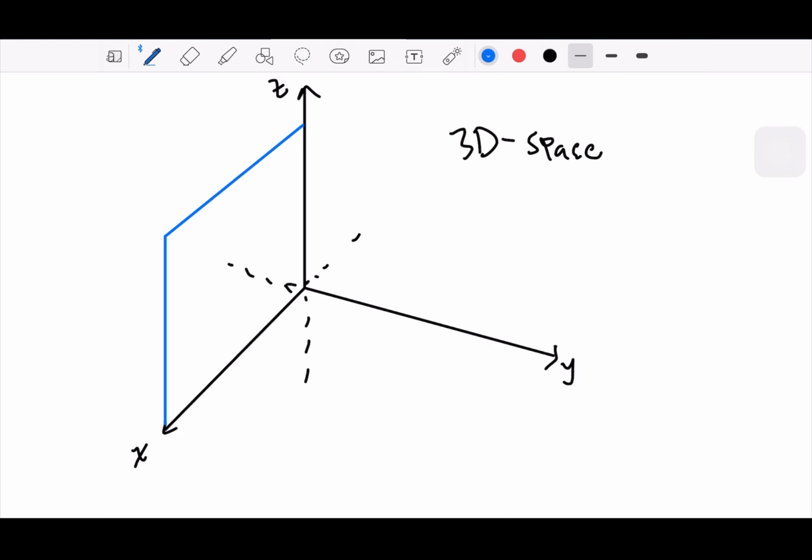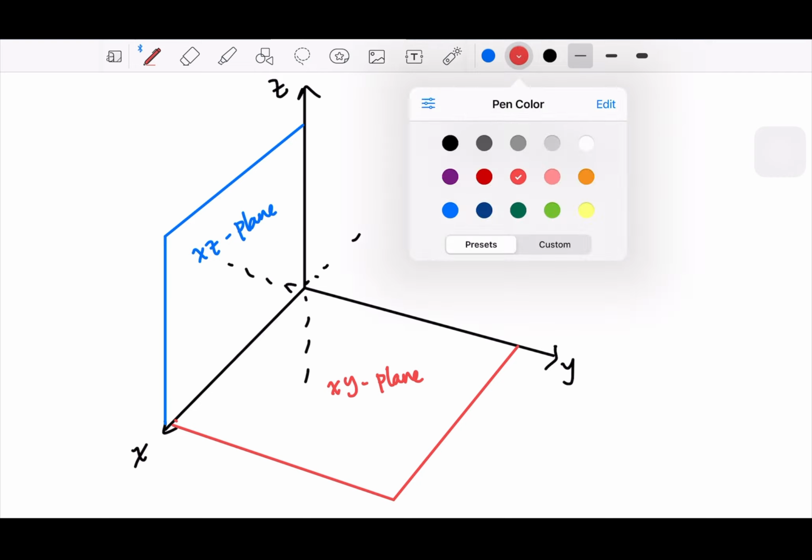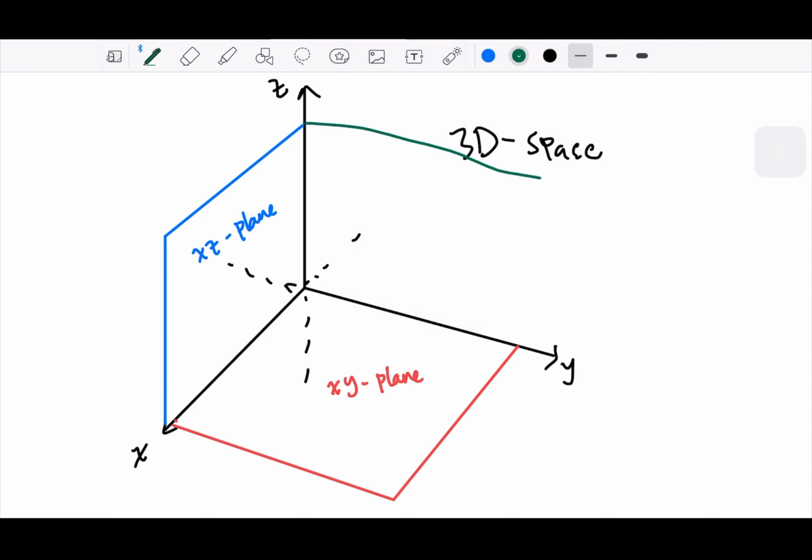For example, this is a plane on the x and z axes, so we call this an xz plane. And below here, this is the xy plane, and usually we start here with the xy plane as our starting point to learn on graphs, right? And then at the end, we have at least 3 planes to describe the whole 3D system. This is the YZ plane.